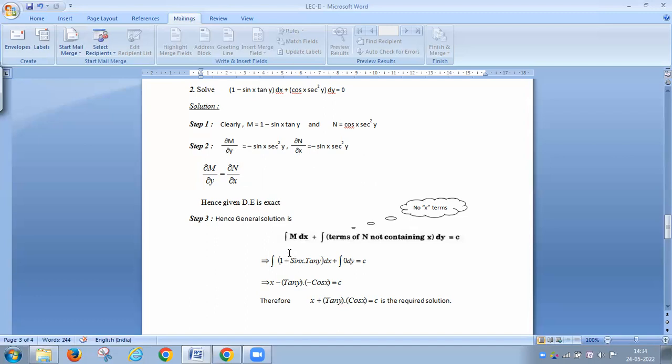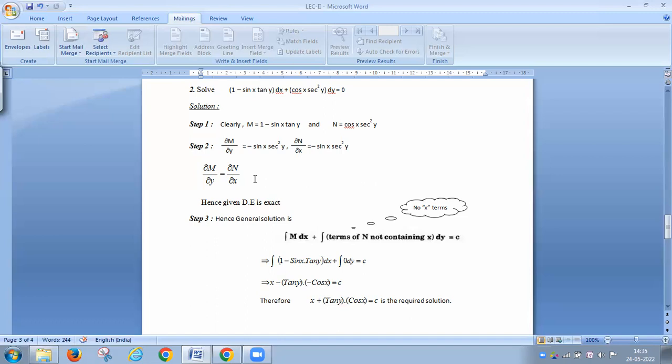And here we are using integration: we integrate M with respect to x, and we consider the terms in N which are independent of x and integrate them with respect to y. So we are using both integration and differentiation, so be careful. Learn the formulas regarding differentiation and integration, then only you can do these problems. Otherwise, it is very difficult.